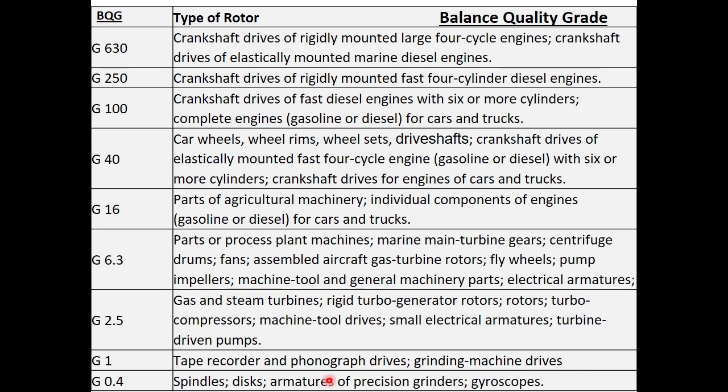Precision grinder, gyroscope, very precision, maximum precision is required here. And for crankshaft and other things, the lowest precision. So what we get from here, the balance quality grade, this is what we must know first. From our application, what is our balance quality grade.